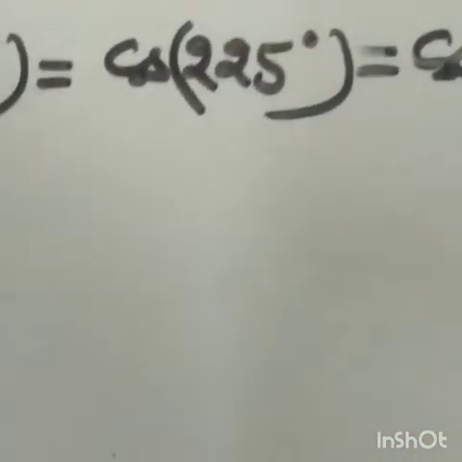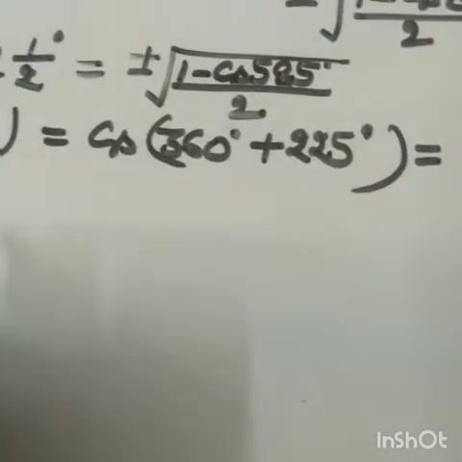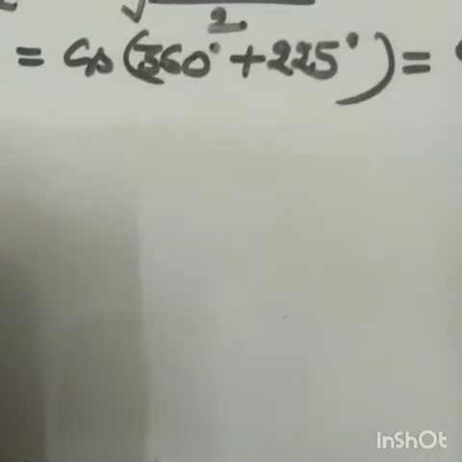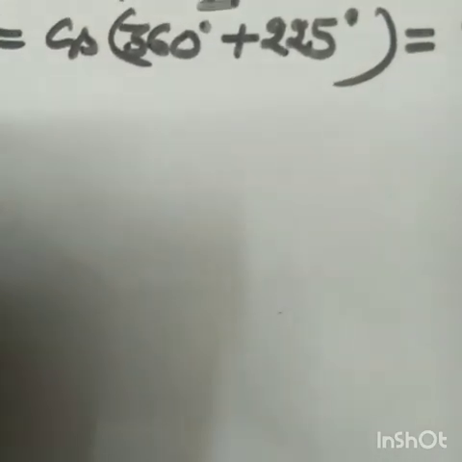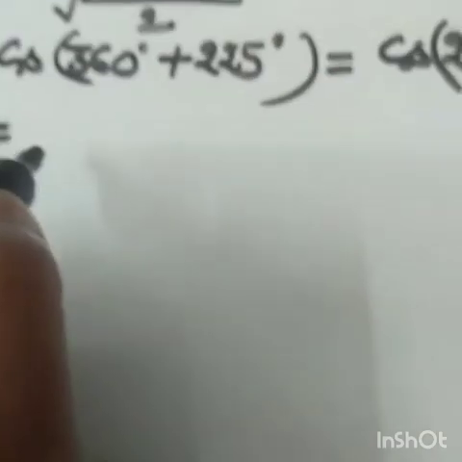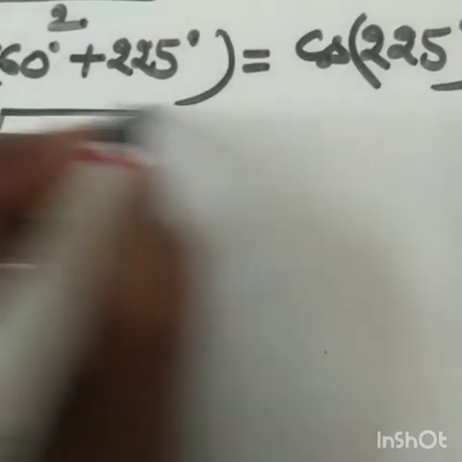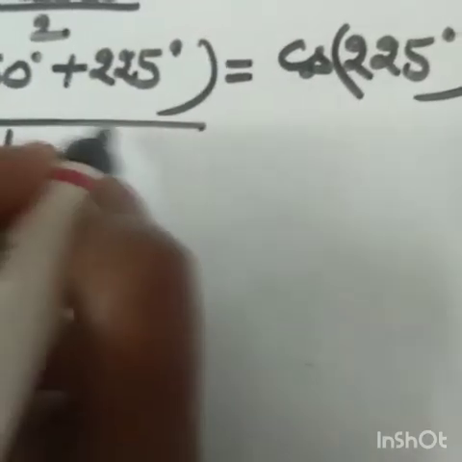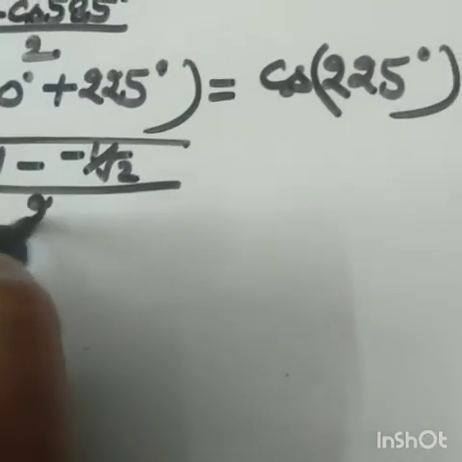Now we will use this value in this question, and sine 292 and a half degree could be written as plus minus, I am directly substituting the value, under root (1 minus 1 by root 2) upon 2.